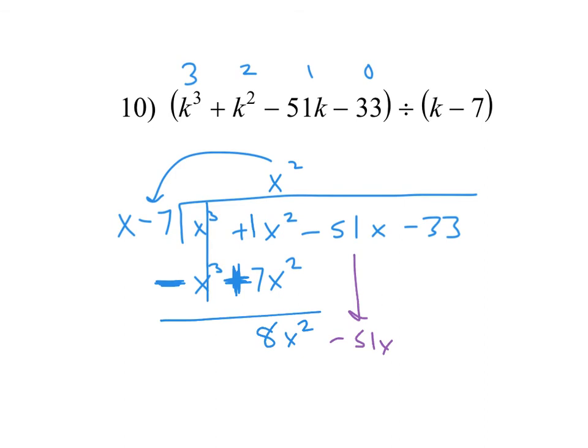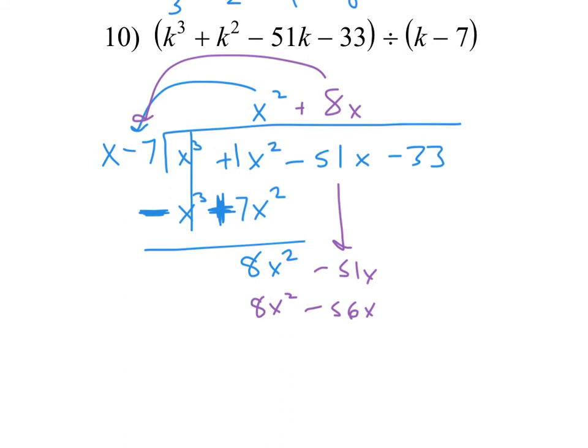What times x gives us 8x squared? 8x. Then we multiply. What's 8x times x? 8x squared. And what's 8x times negative 7? Negative 56x.